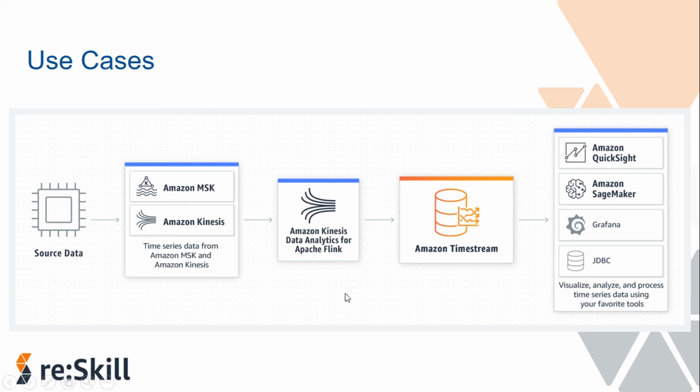With clickstream data, you can use Timestream to store and process the incoming and outgoing traffic for your applications. And Timestream provides aggregate functions to analyze this data and get insights such as path to purchase and shopping cart abandonment rate. So these can be done.